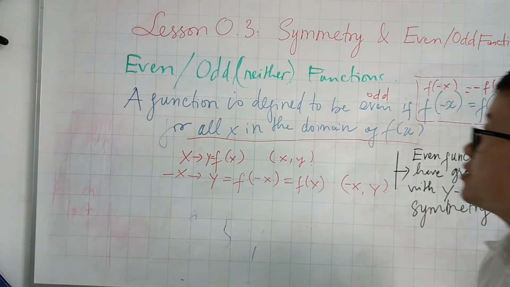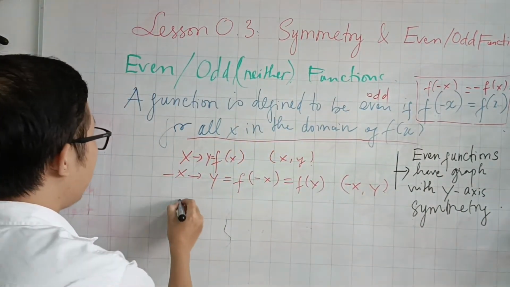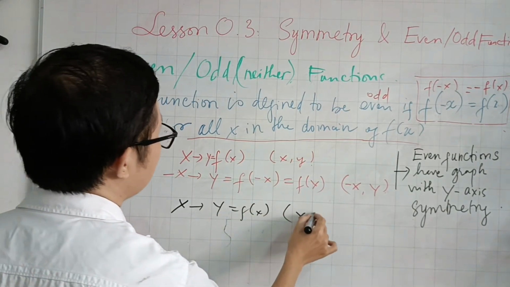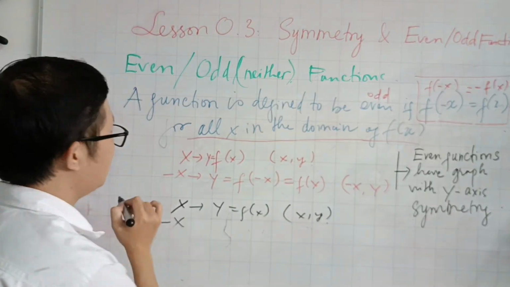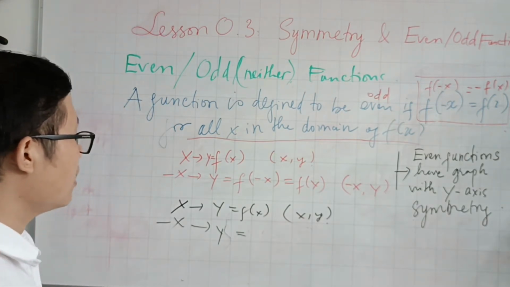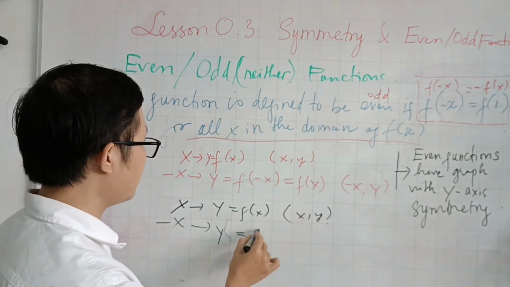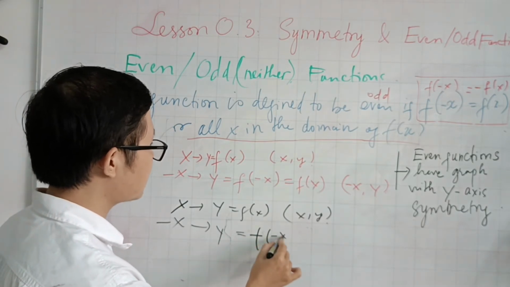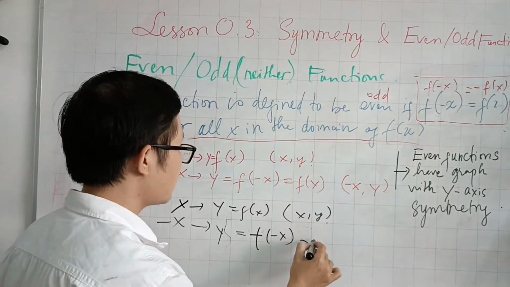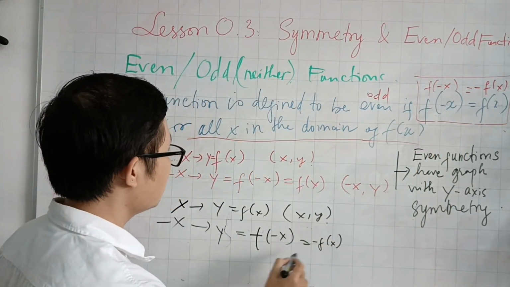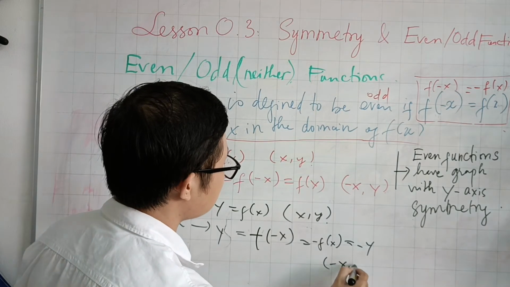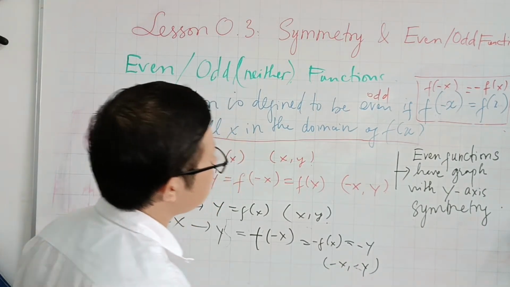And in the odd function, we have the point (x, y) with y equal f(x). When we replace x with negative x, y equals f(-x), so it is negative f(x). So it is negative y. So we have the point (-x, -y).